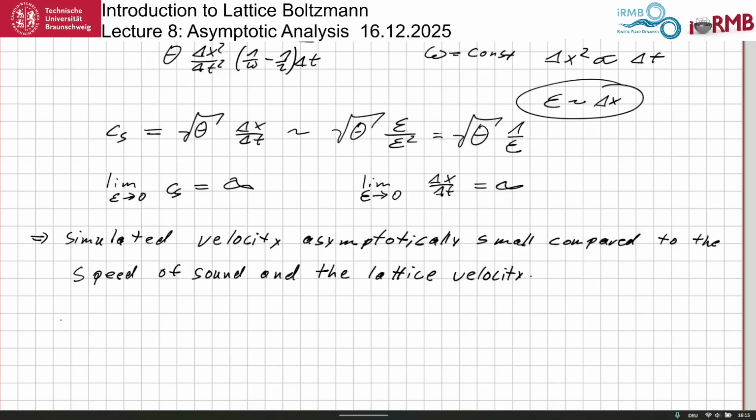So the one thing is we cannot do acoustics. The Mach number is not scale invariant.